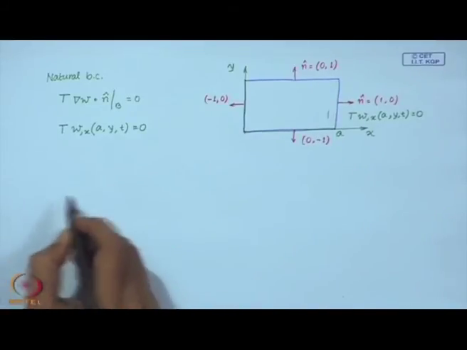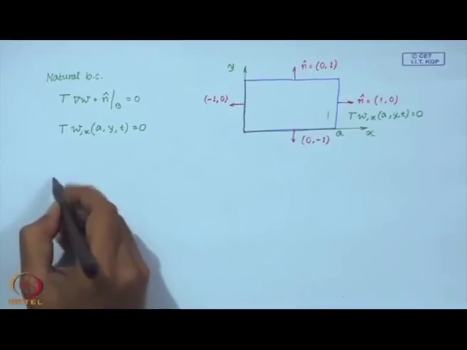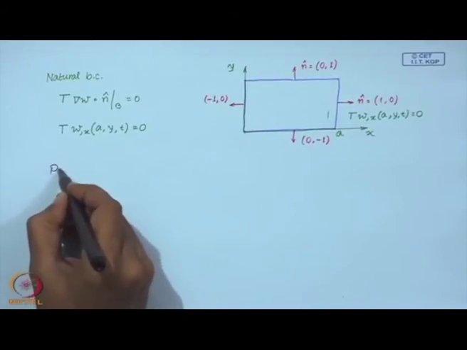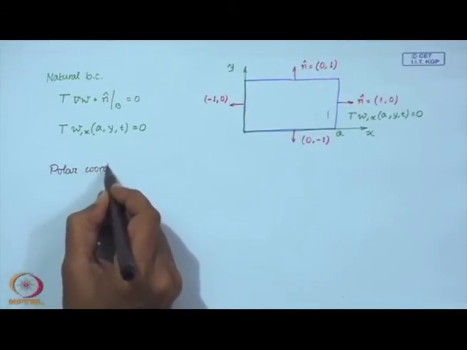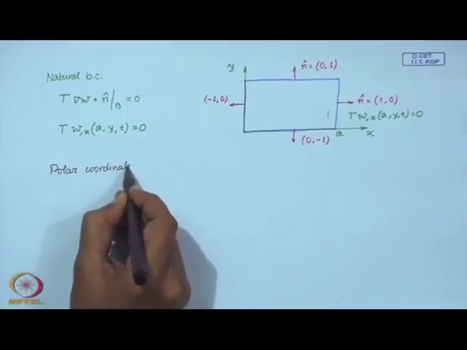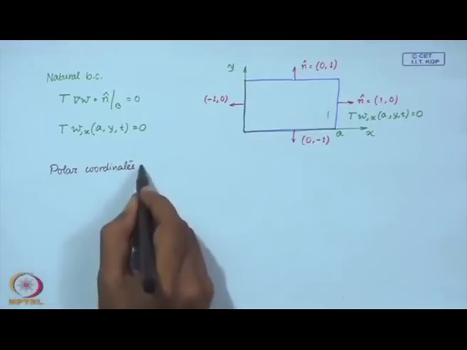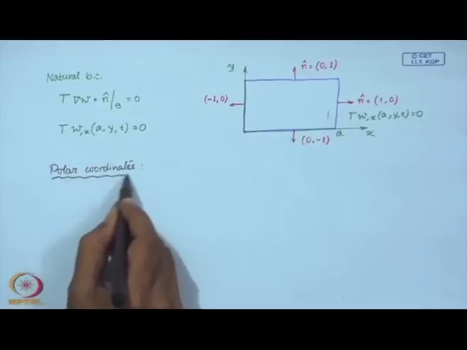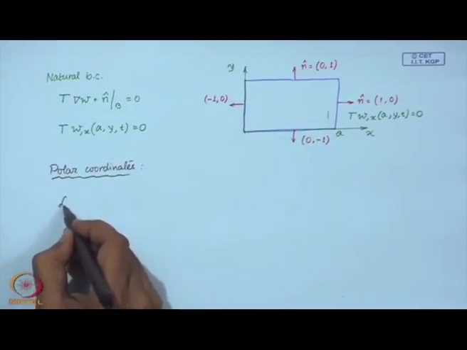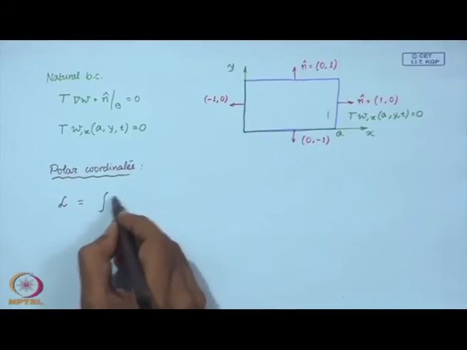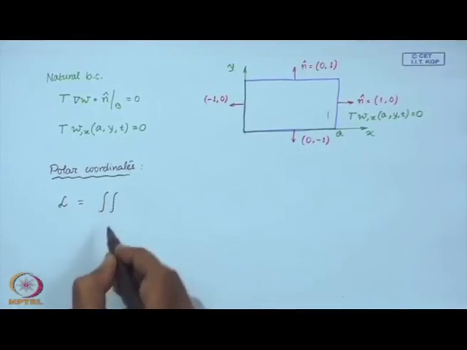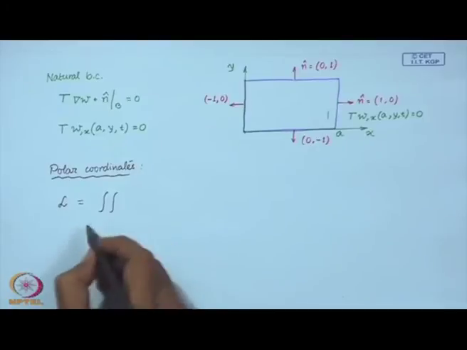Now, just briefly let us look at the polar coordinates. So, the Lagrangian in the polar coordinates may be written as this.